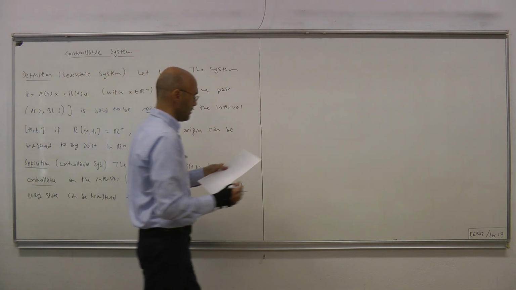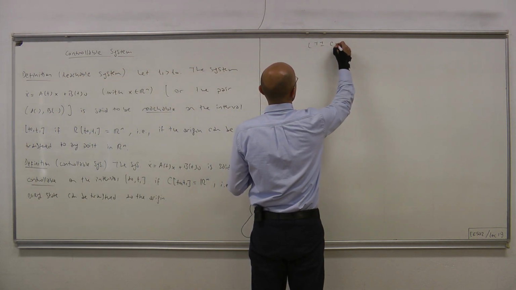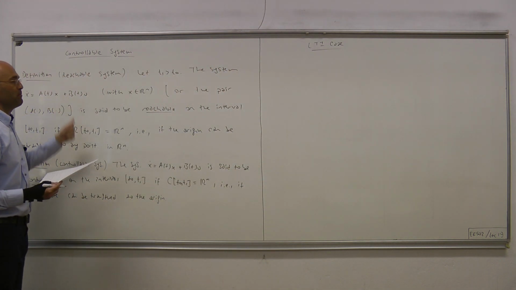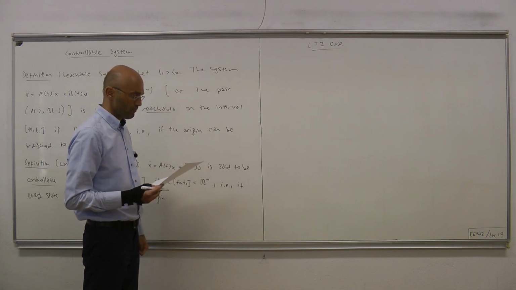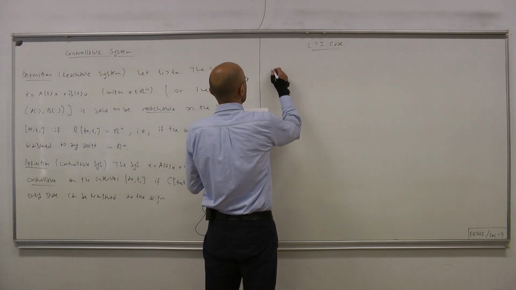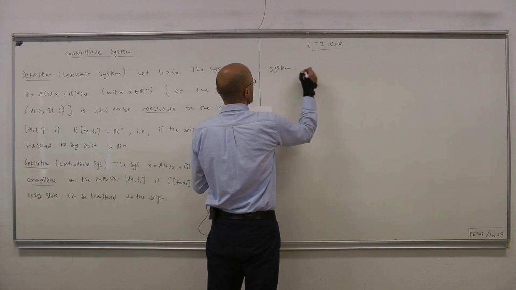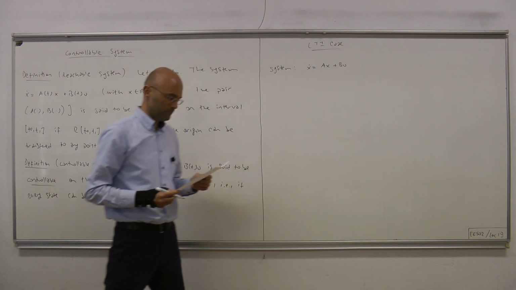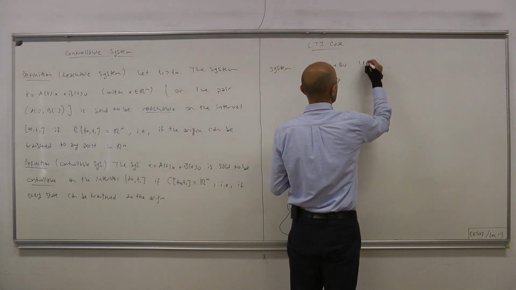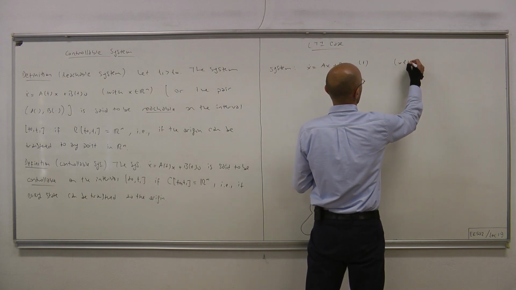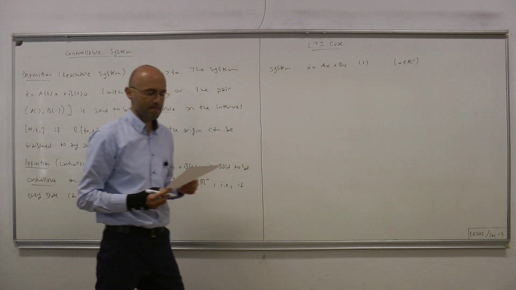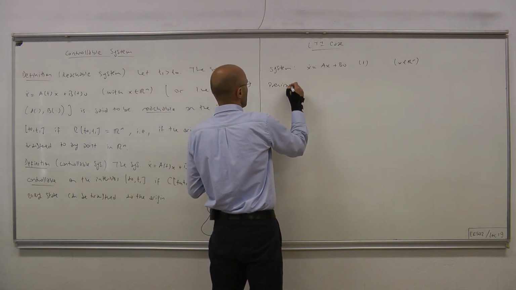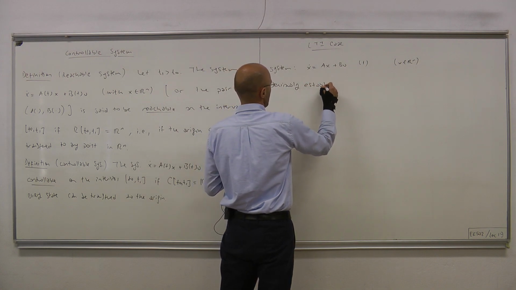So now we will be concentrating on the LTI case, where the matrices A and B are constant matrices. Here is our LTI system, x dot equals Ax plus Bu, system 1, and the order of the system is n. We have, in our previous lecture, established the following.